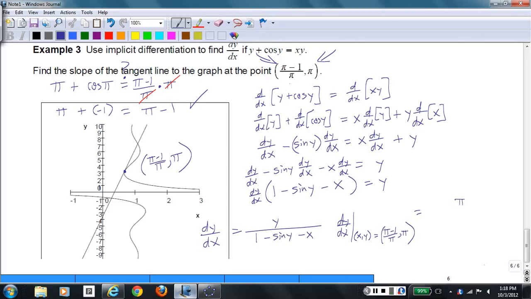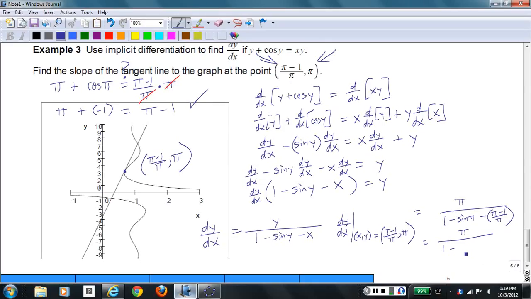pi over 1 minus sine pi minus pi minus 1 over pi. Substituting pi for y, pi minus 1 quantity over pi for x. Let's see what we get. This equals pi over 1 minus, what's the sine of pi? 0.